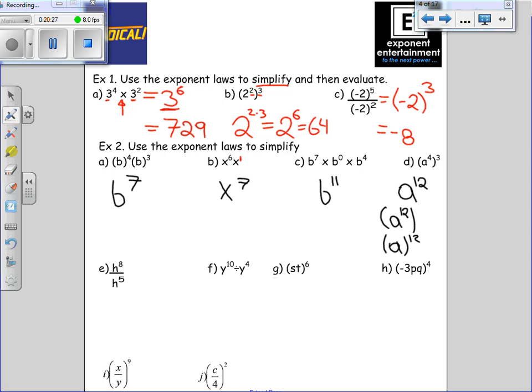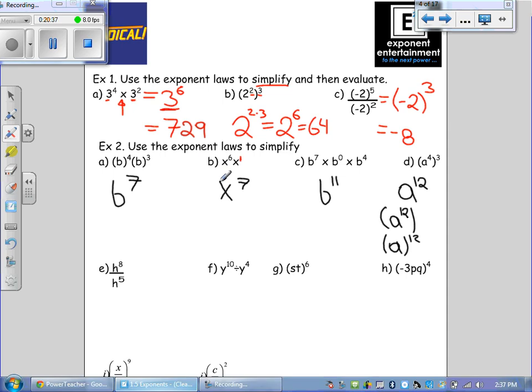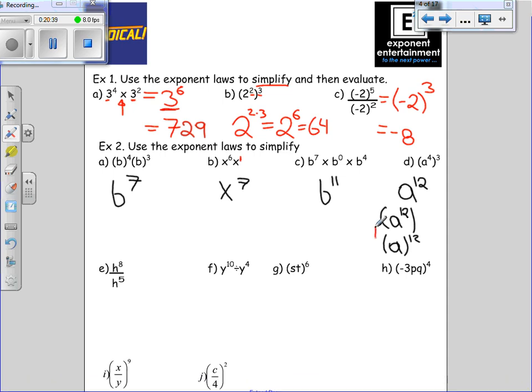I think I see what you're saying. This way right here will give you the exact same answer as this way right here. It won't be different. So if you wrote it like this, you're good. No brackets at all? That's also good. None of them make a difference.